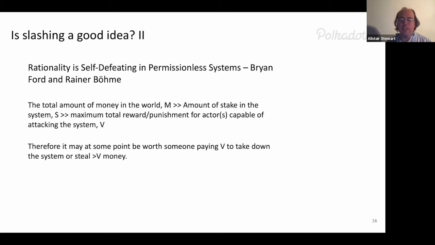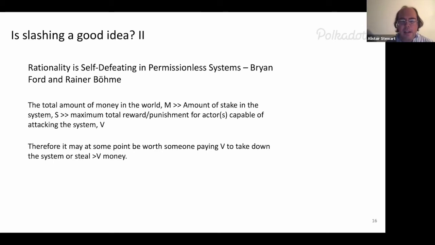One of the arguments they make is that there's more money in the world than there is stake, or tokens, in the system. This means there can be bigger incentives than we have tokens, and furthermore, the number of tokens or stake in the system is bigger than the total reward or punishment we can give to an actor who can attack the system.